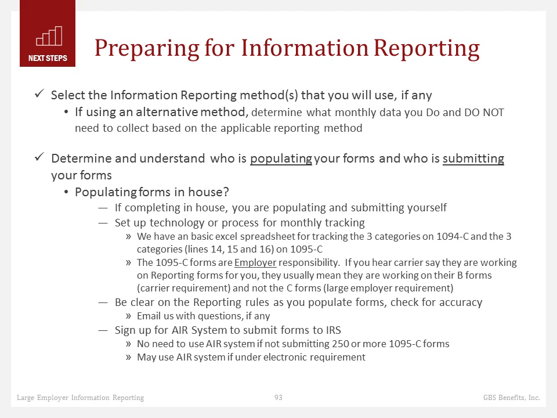Be clear on the reporting rules as you populate the forms. Check for accuracy. If you have a question, check it. Don't just guess and move on. Sign up for the AIR system, the AIR program, to submit the forms to IRS if you need to or if you want to. Again, you're required to if you have over 250, or you may voluntarily do so. We have, like I indicated before, a new article that's February 2015 that goes through more detail on the steps and how to figure out some of the steps.